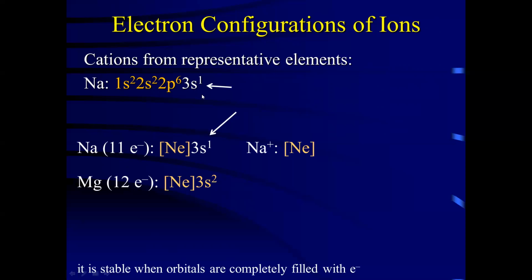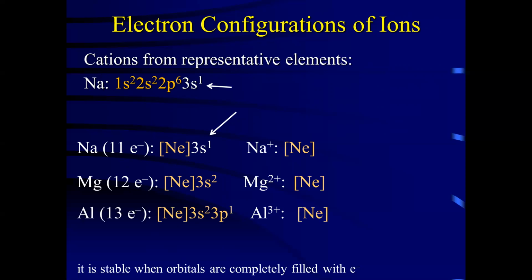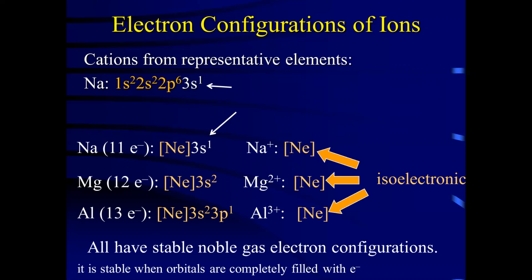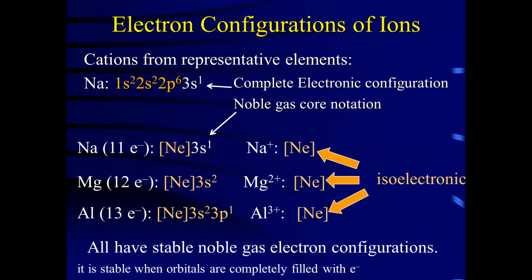When sodium becomes an ion, it loses 1 electron, as we learned before. After losing 1 electron, it only has 10 electrons now. That means it will be exactly the same as neon. So this is a complete noble gas.